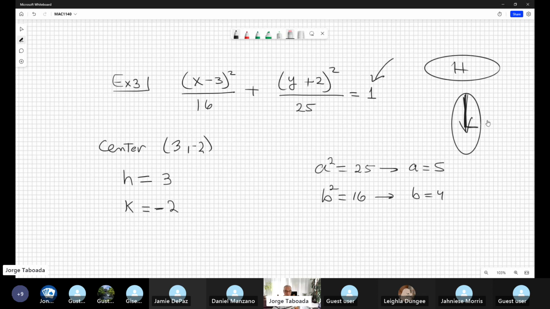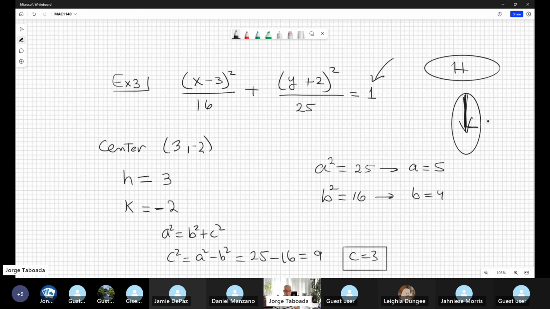The formula is a squared is equal to b squared plus c squared. Therefore, c squared is equal to a squared minus b squared. a squared is 25, b squared is 16, sorry. Subtraction gives 9, therefore c is 3.